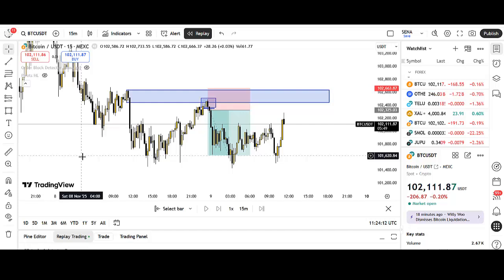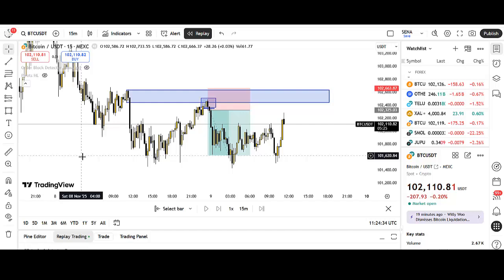If you lose the remaining 6, you've lost $600. So you've made $800 and lost $600, leaving you with a profit of $200. So you are still profitable. All you need to be profitable is to win 4 out of 10 trades.